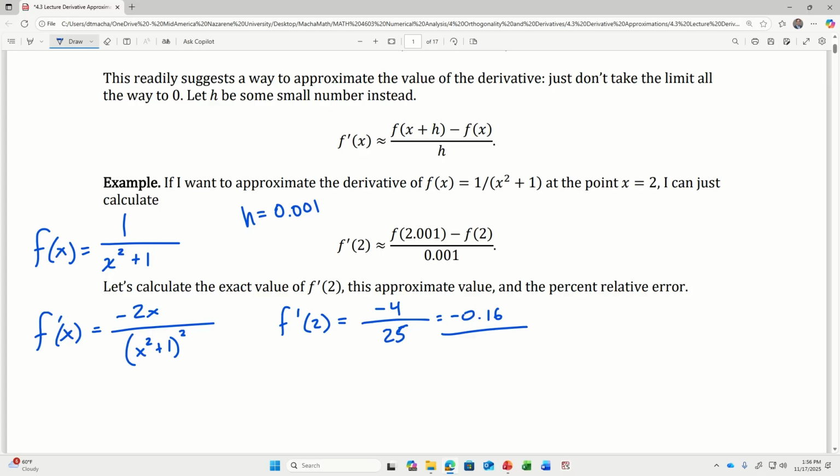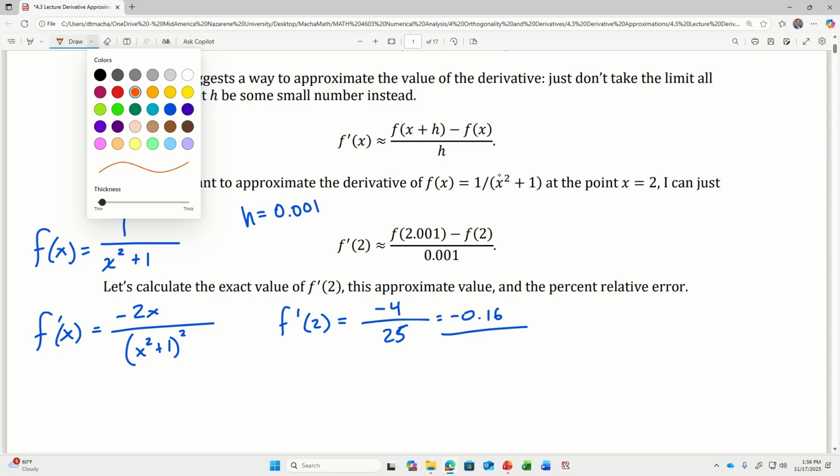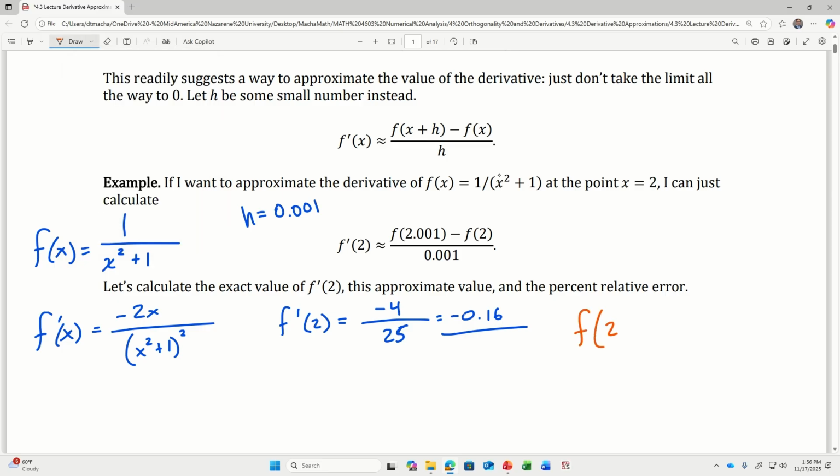If I were to approximate this, I would need f of 2.001, so I'm going to type in 1 divided by 2.001 squared plus 1. 0.1998.